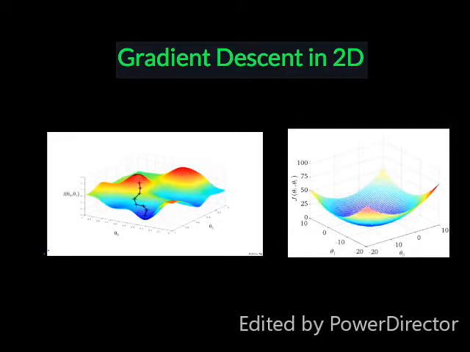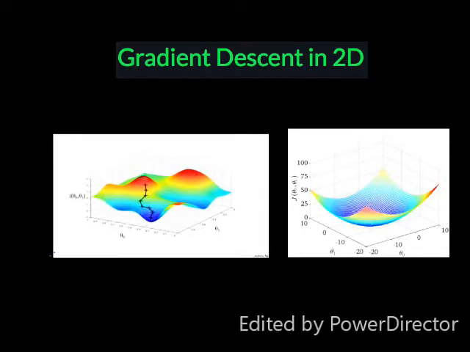As you can see, it is converging to the blue point here, but had we initialized somewhere here, then it might have converged to this local optima.